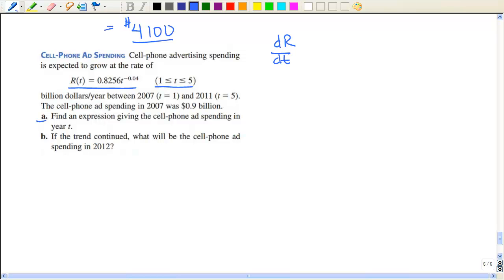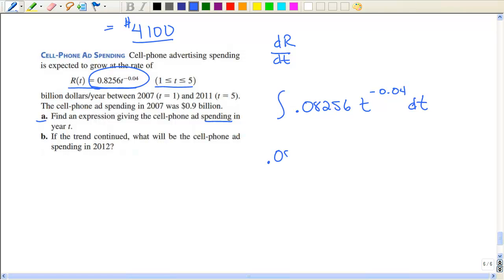That would be at a rate. I want to know what I would spend. Okay, so if my spending rate is this, I need to go backwards, I need to take the integral. So I'm going to take the integral of this function here with respect to the variable t.